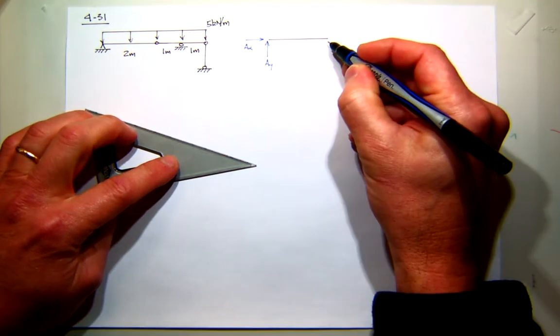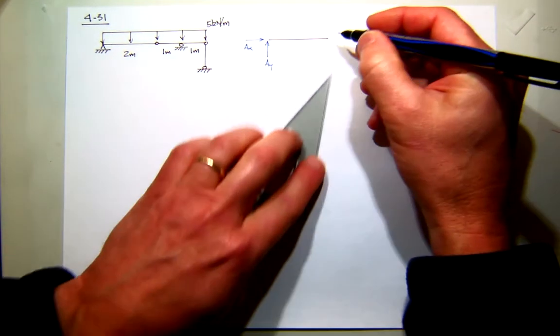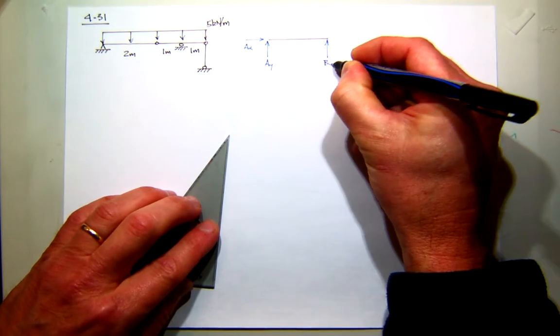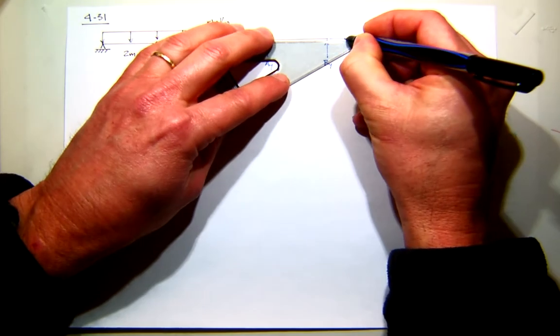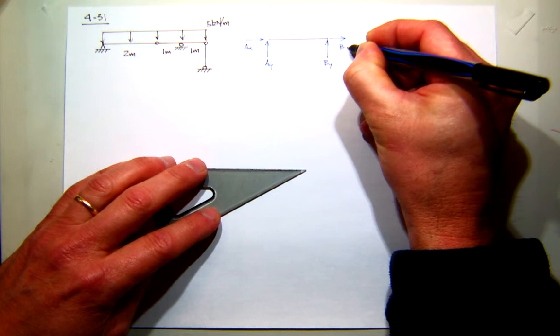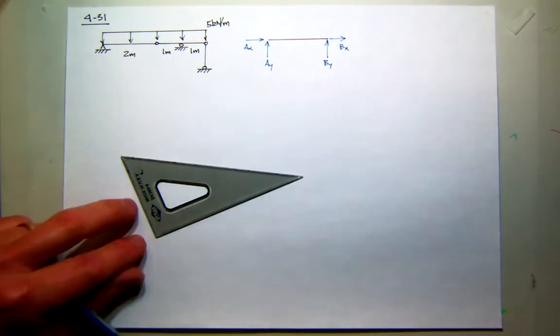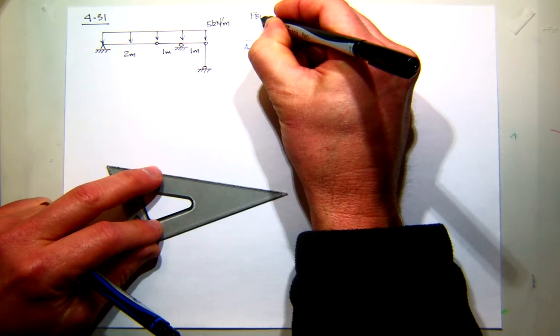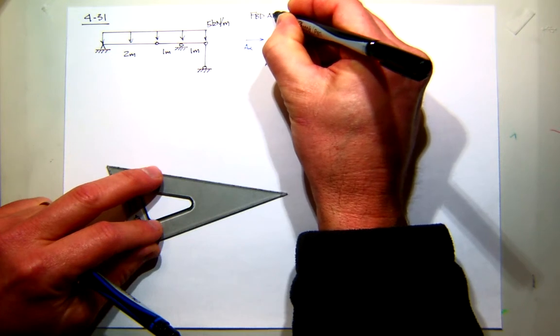And then I'm going to separate it here at B, and I'll also assume reactions Bx and By. Let me go ahead and label this up here. This would be the free body diagram for AB.